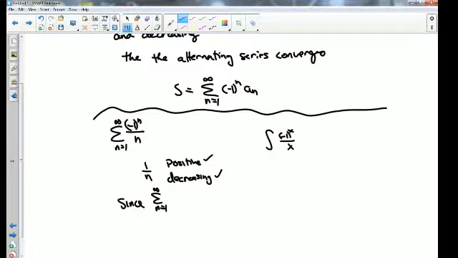That's not continuous, we can't use the integral test. So there you go. Alternating series test. Very handy.